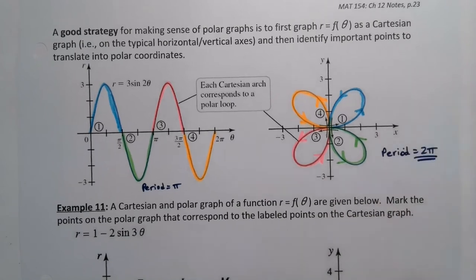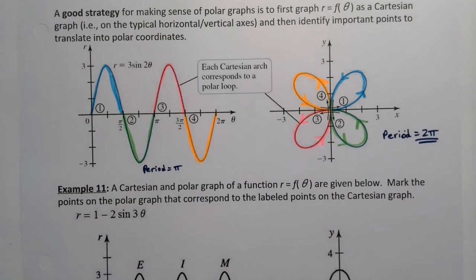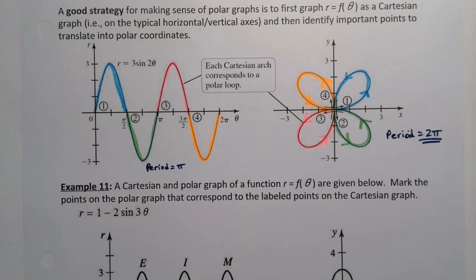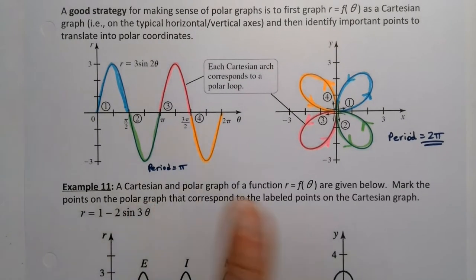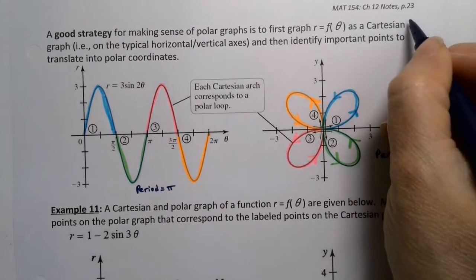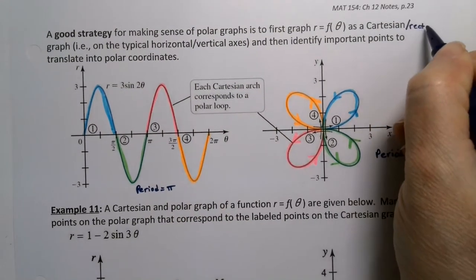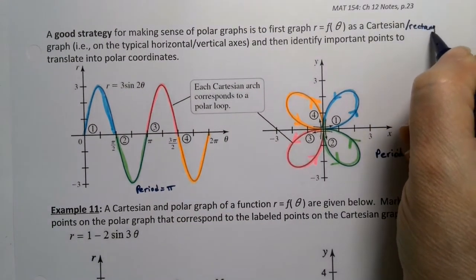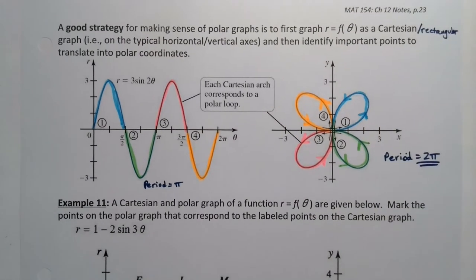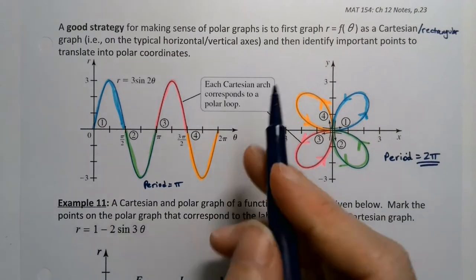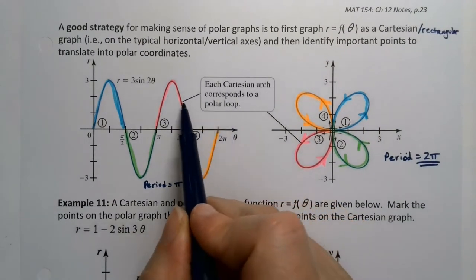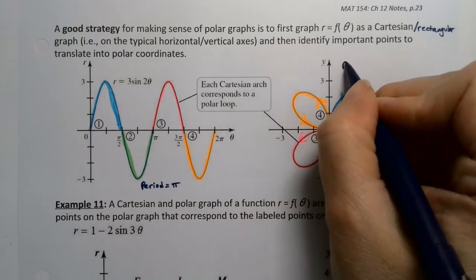It took 2 pi to finish the full rose. All right, so now we see there's a connection between Cartesian, which is another way of saying rectangular, named after the person that thought of it, René Descartes, the French guy, and polar graphs. They connect to each other.